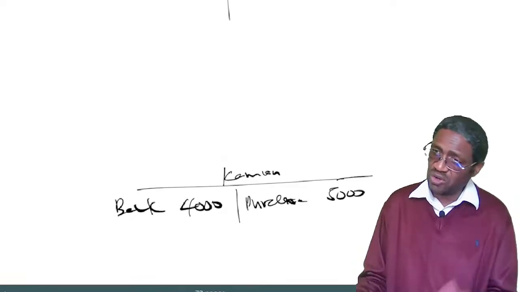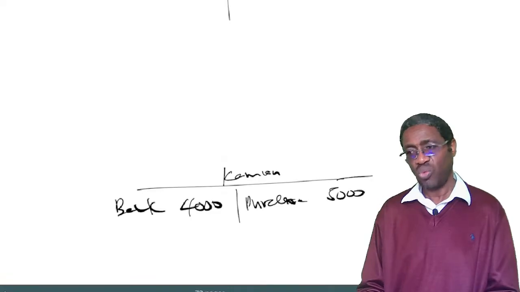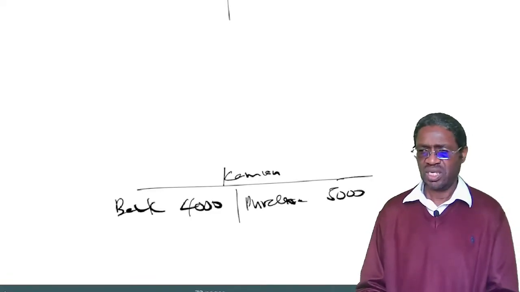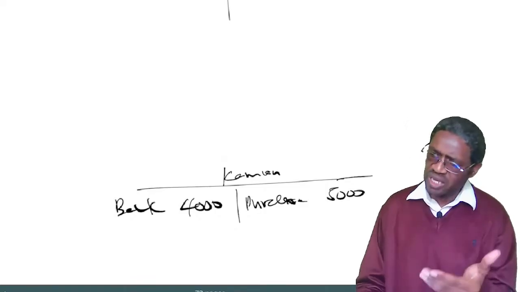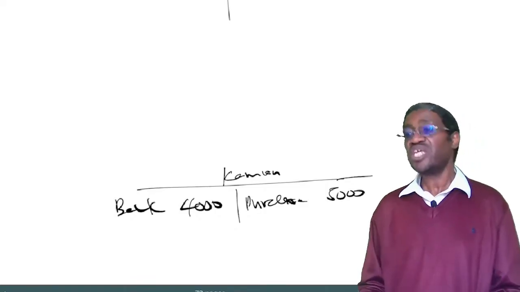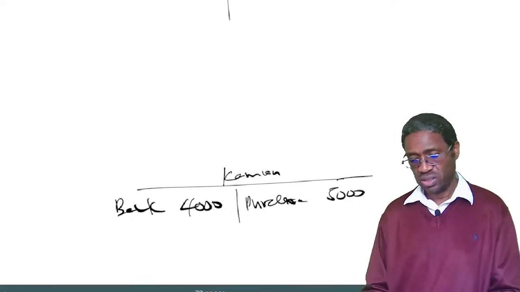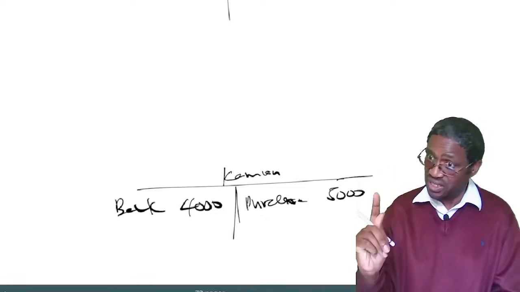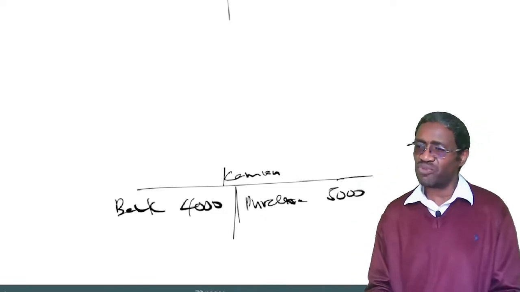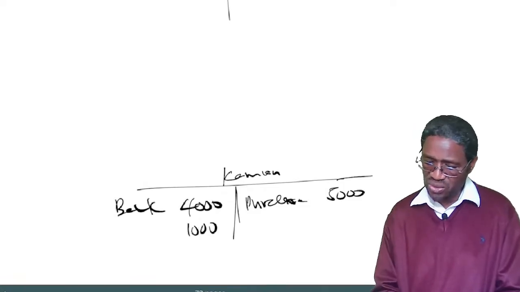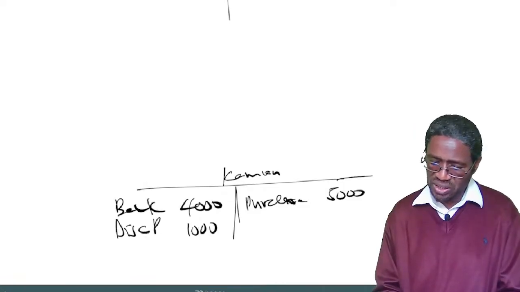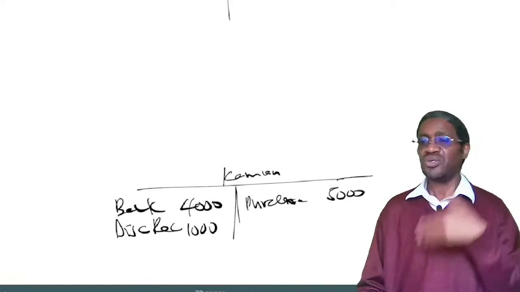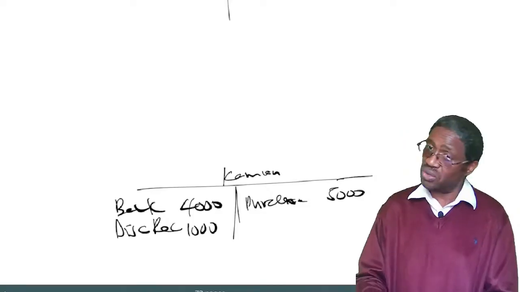Do you leave the account of Kamau like this? No. Why? Because this time you still don't owe him anything. That 1,000, the difference here, represents the discount you are receiving from your creditors. So you must have debited Kamau as a creditor and credited the account called discount received.